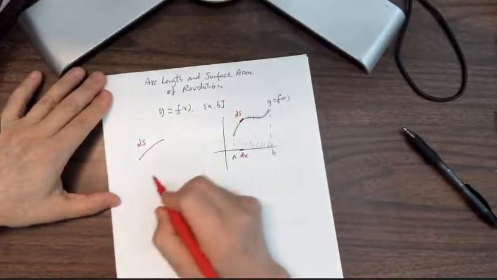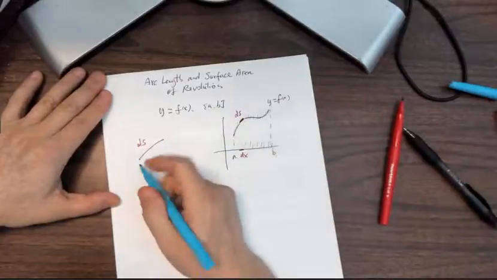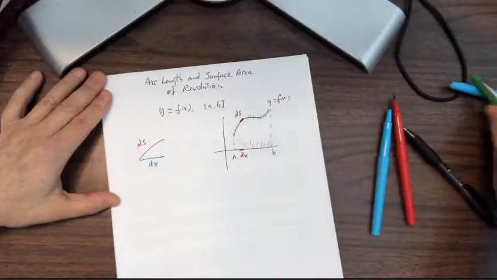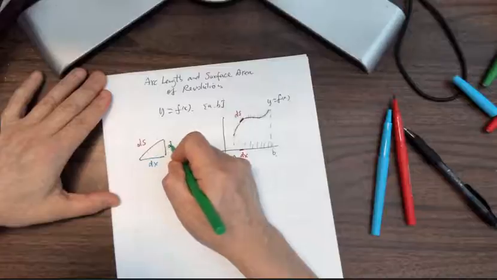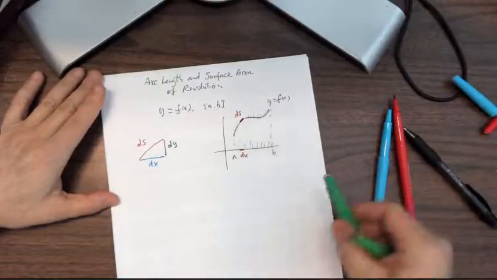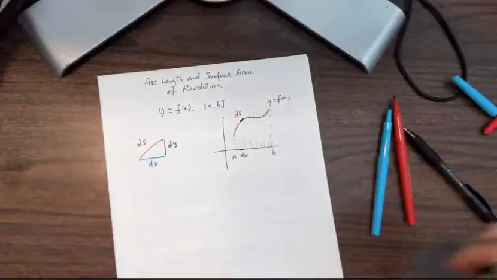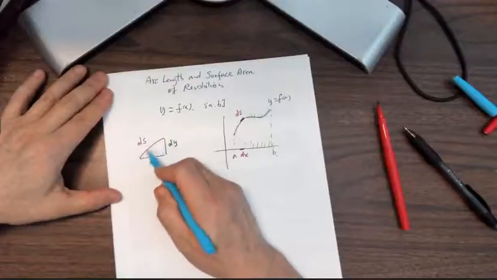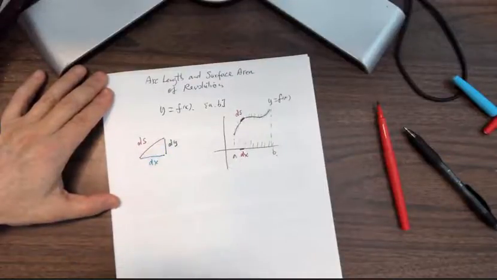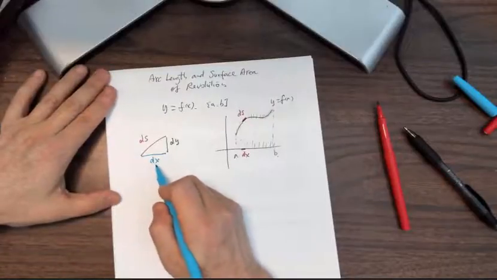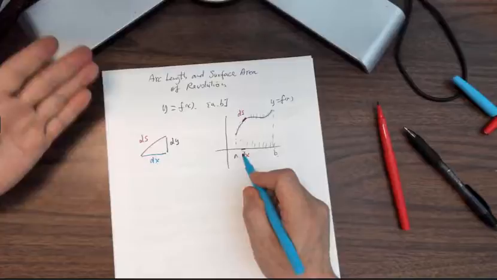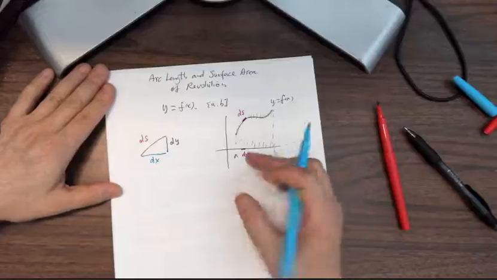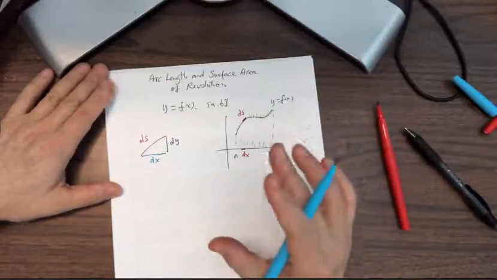Okay, if that's ds, then the bottom is dx, and say the height, call it dy. Now, notice in the drawing, ds is not a straight line, but when dx is very, very small, it's always small because we cut the interval A to B into infinitely many sections, and dx approaches 0, so dx is very, very small.